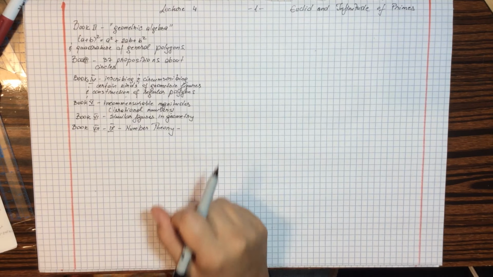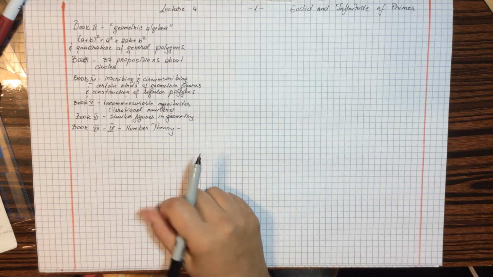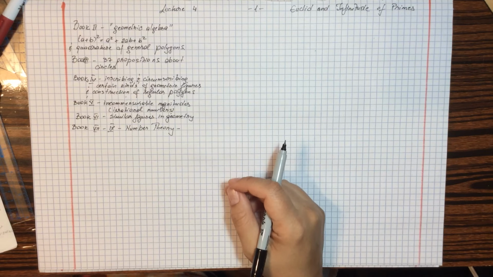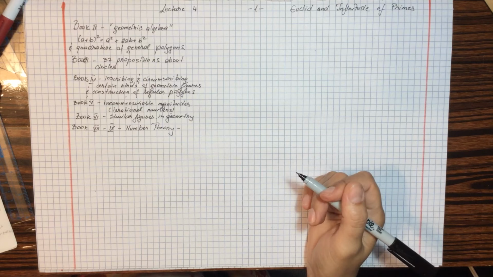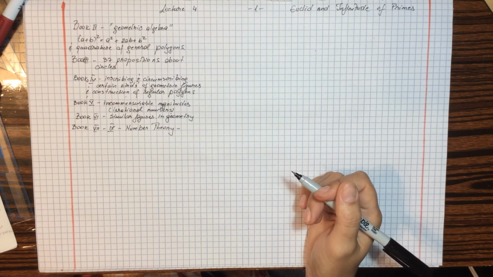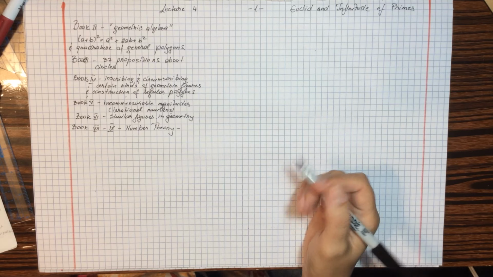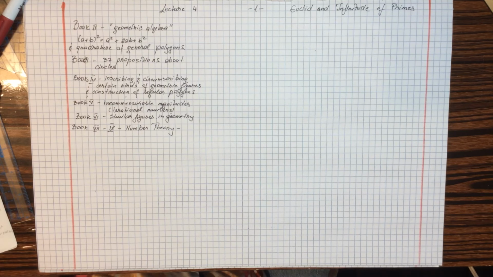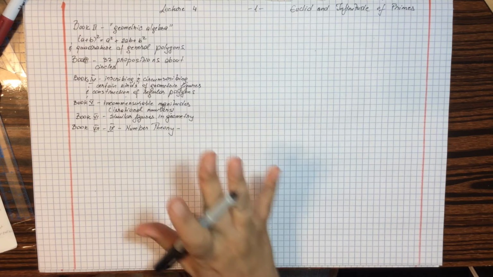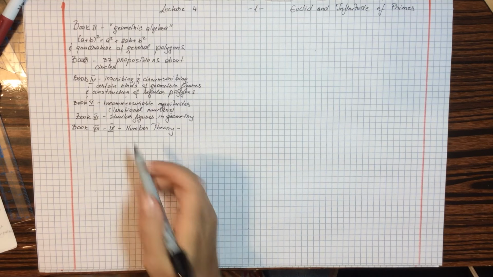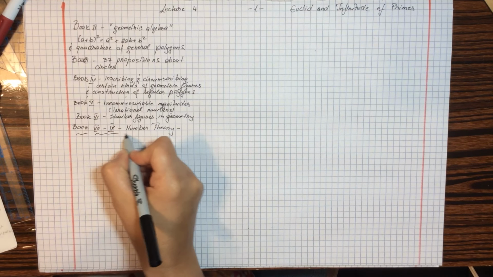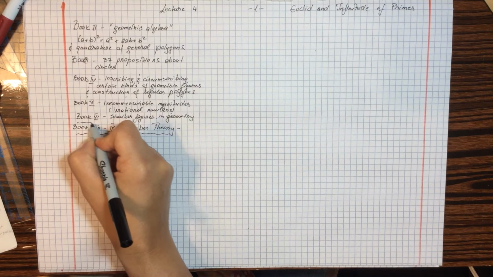So let me just start talking a little bit about number theory. What is it? Number theory is simply the study of numbers, specifically whole numbers and rational numbers.